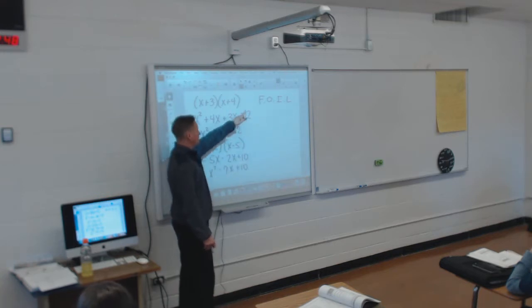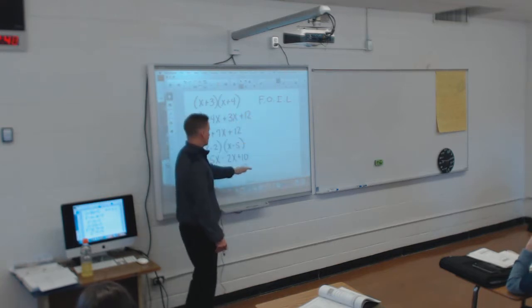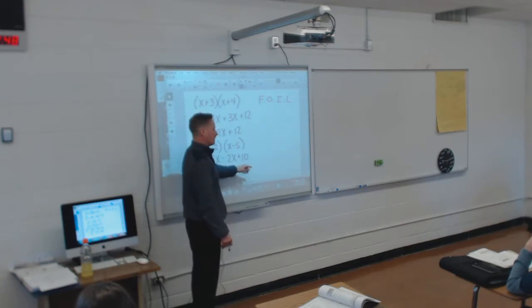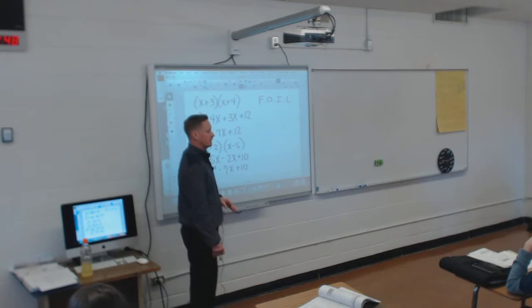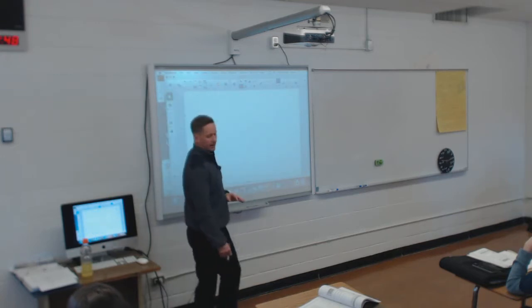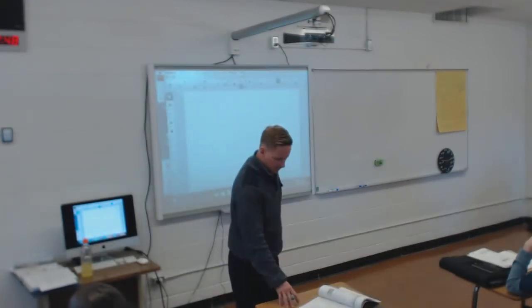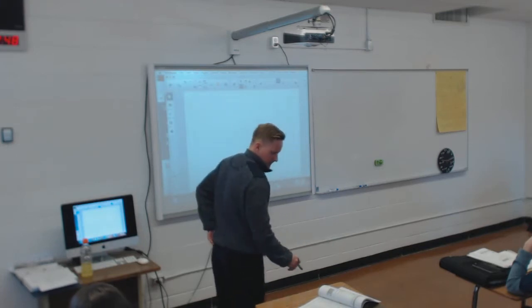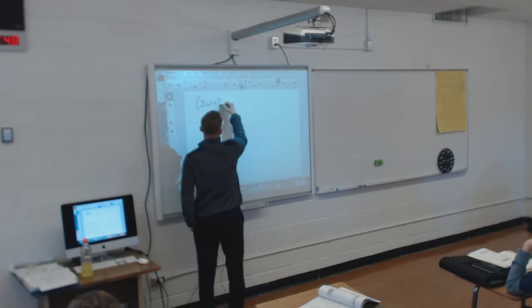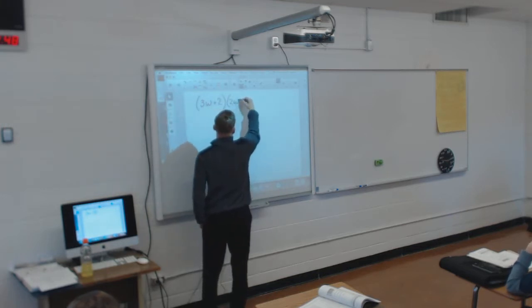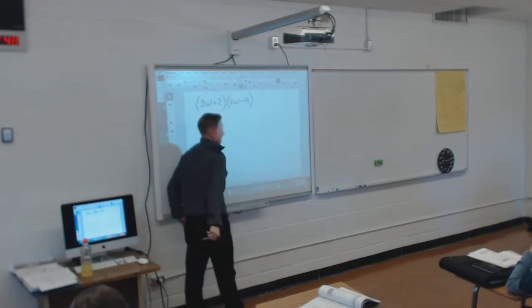So using this method helps us understand how to find the factors that add to give you that, to get you to this. So it does help you. If your method works and you're comfortable with it, use it. Okay? Let's try another one then. Do that on your own.